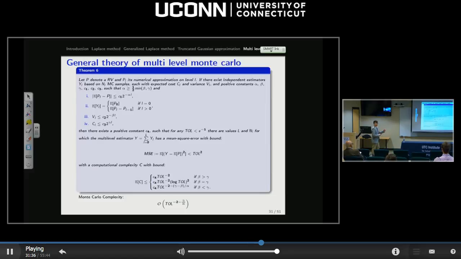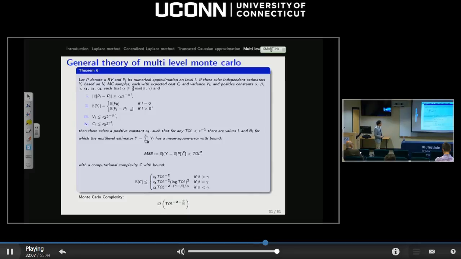For each sample on level L, the computational cost is bounded by a constant times 2 to the power of gamma times L. The best case of gamma is 1, because you can use a multigrid forward solver. And gamma depends on dimension too. If you want to control the mean square error of your estimator, you can end up with this complexity.